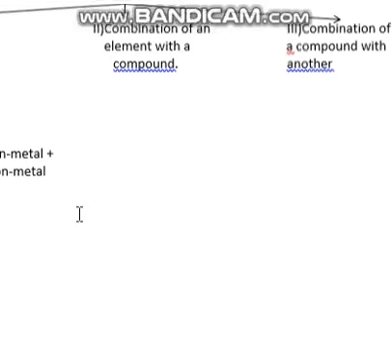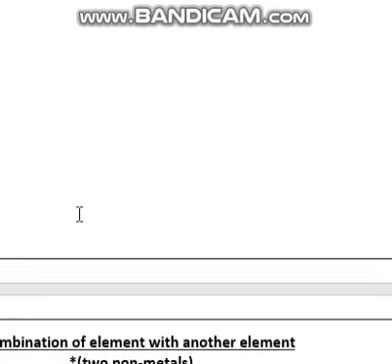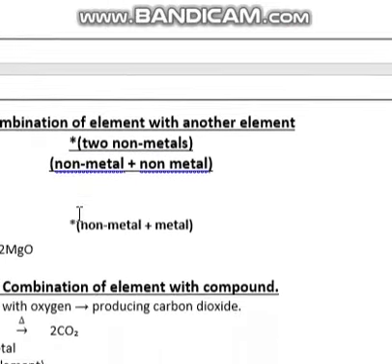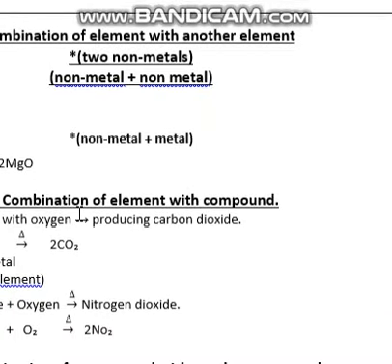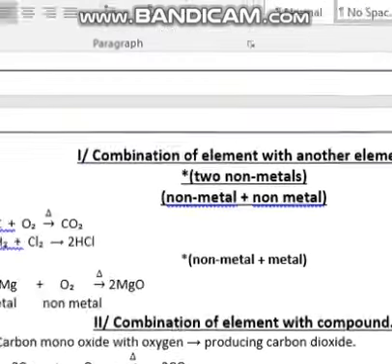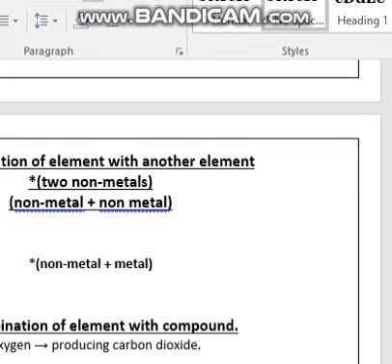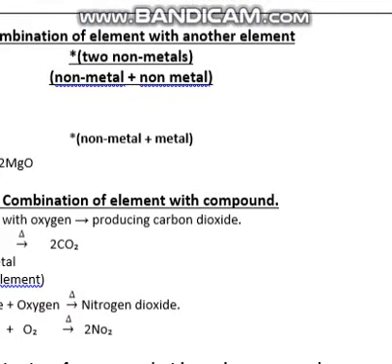In this reaction, carbon burning with oxygen produces carbon dioxide, and hydrogen plus chlorine produces hydrochloric acid.